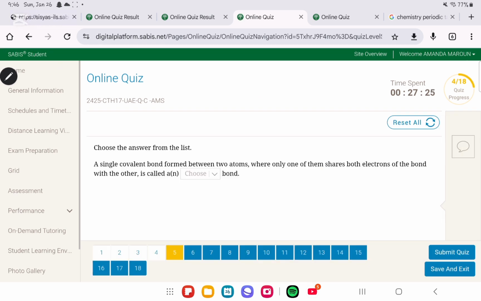Here you have to remember a single covalent bond formed between two atoms where only one of them shares both electrons. For example, let's take H3O+. First of all, let us do H, O, H, H. H has 1 free valence electron, whereas O, if you do its configuration, has an atomic number of 8, so it's going to be 2, 6.